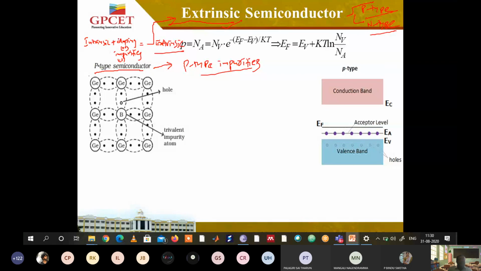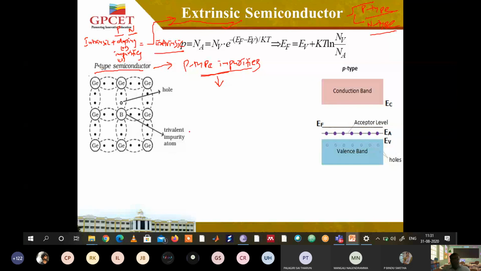So intrinsic plus some doping, some extra energy, some impurities, which may be P-type or N-type, then you get an extrinsic semiconductor. Now here I am going with P-type impurities. What type of P-type impurities do we need to add to this germanium or silicon so that more current flows in the device? Okay, right.